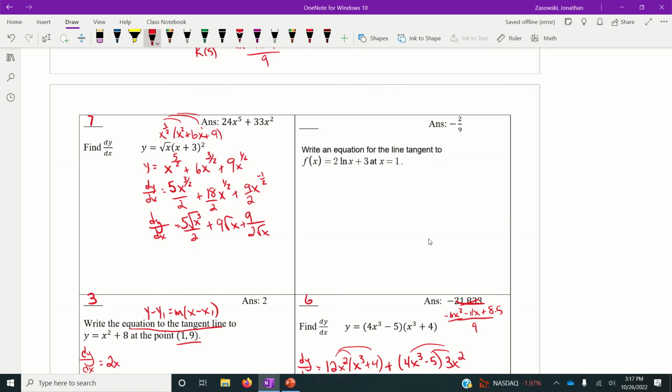If we did a product rule, okay, the derivative of the first is 1/2 square root of x, times x plus 3 squared.